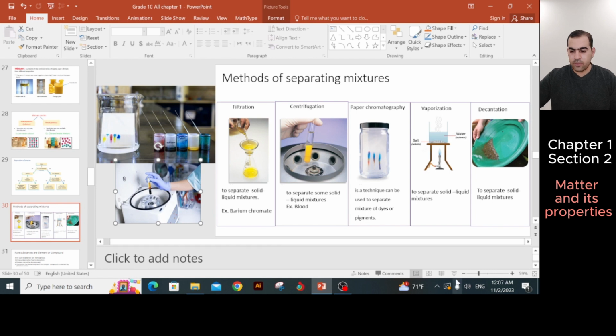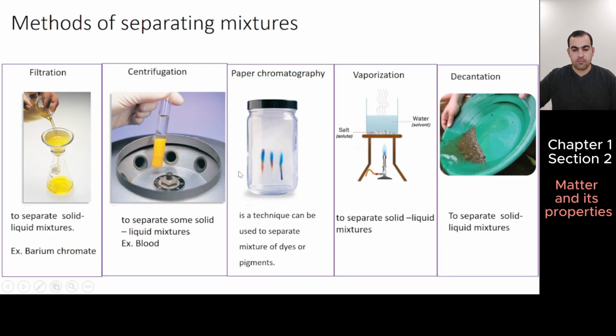You are going to put, for example, blood, an example of a heterogeneous mixture that we can separate by centrifugation. You put different samples in the centrifuge, and by spinning very fast, according to gravity, those that are heavier are going to be at the bottom of the test tube. So that's nice.